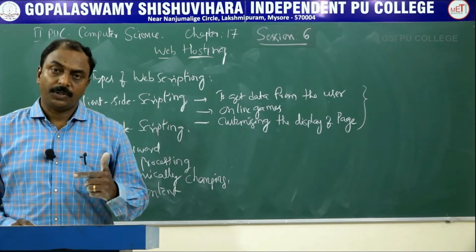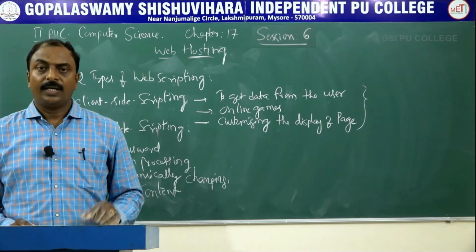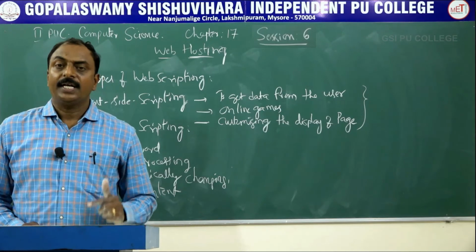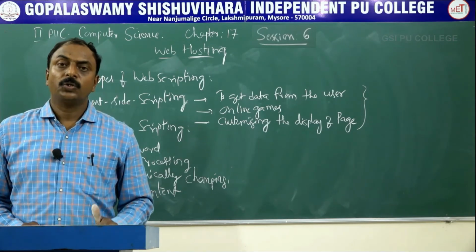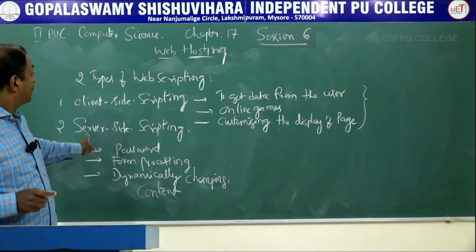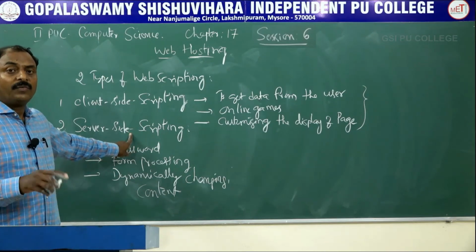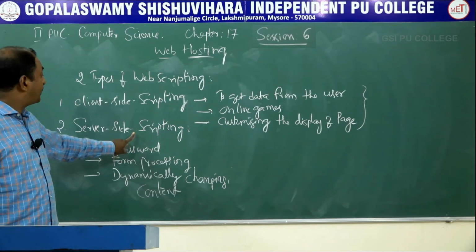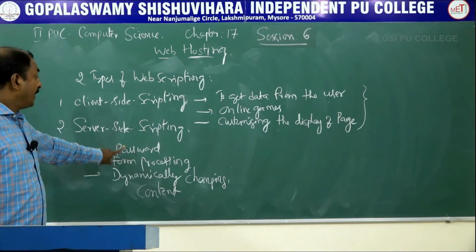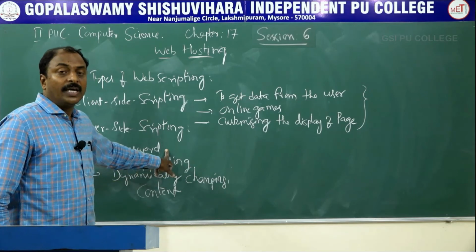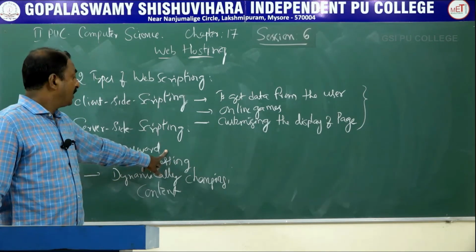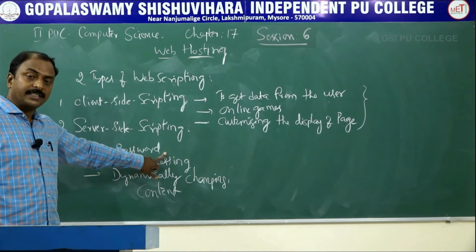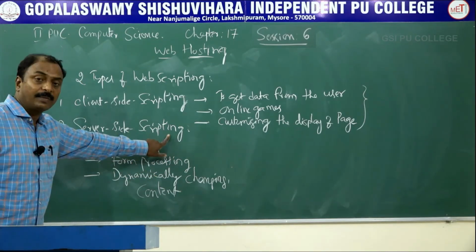As soon as you enter username and password and click on login, the password is stored at the server level. Whatever you have entered through the web browser is compared and validated at the server level. If there is a mistake, it is going to reject it. That is an example of server side scripting.